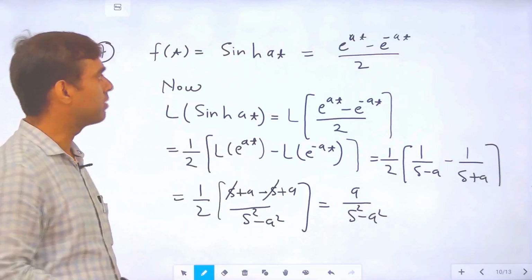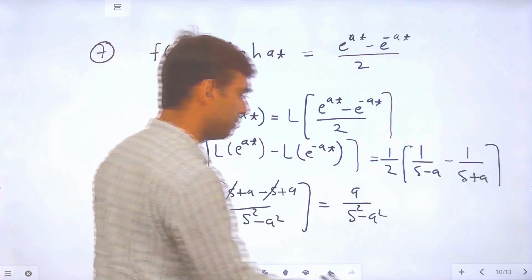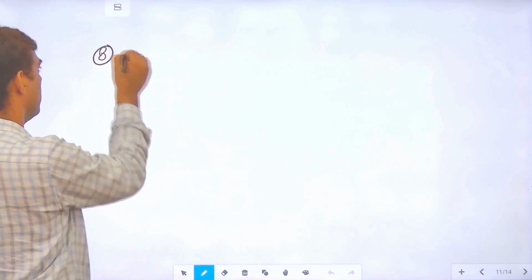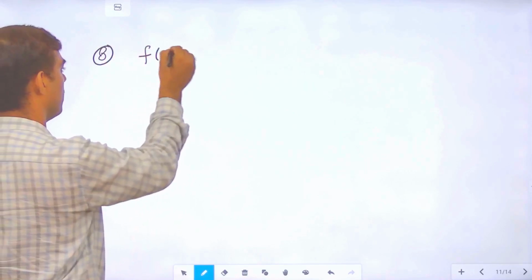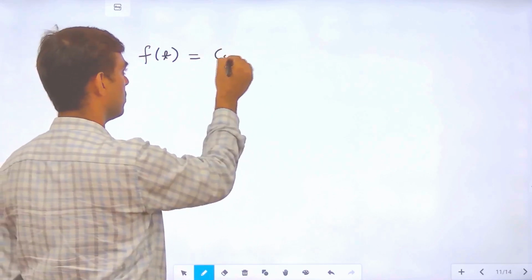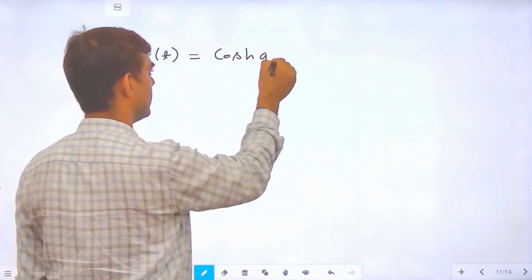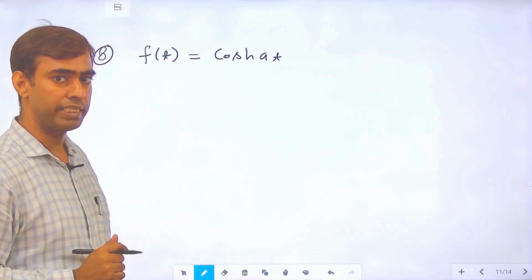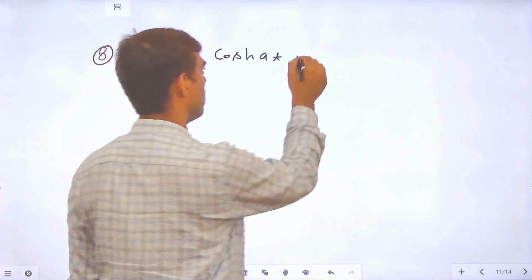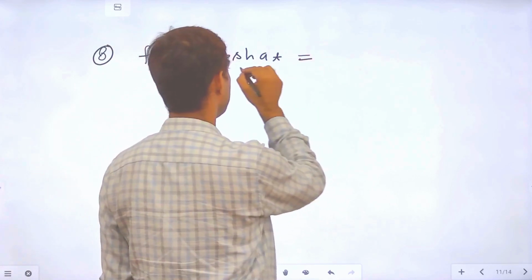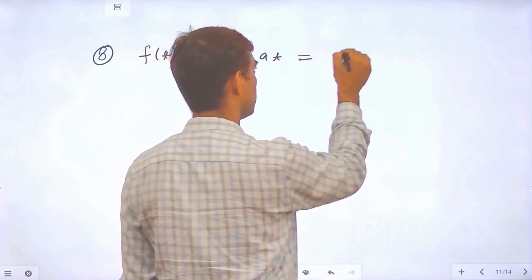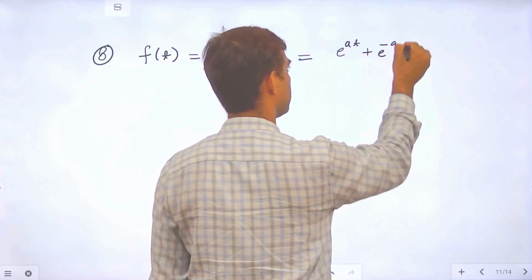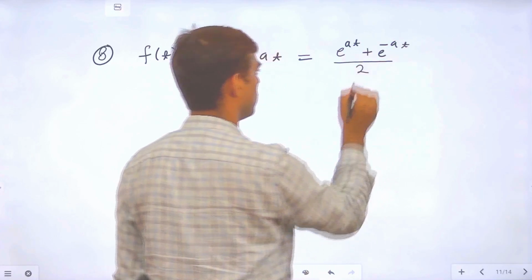And the last elementary function, the eighth, is f(t) equals cos hyperbolic at. We may write cos hyperbolic at in exponential form as (e to the power at plus e to the power minus at) upon 2.